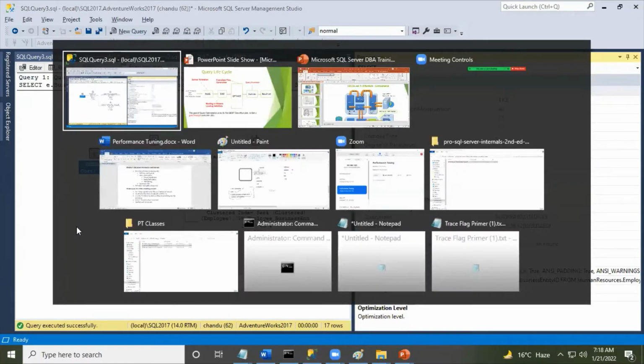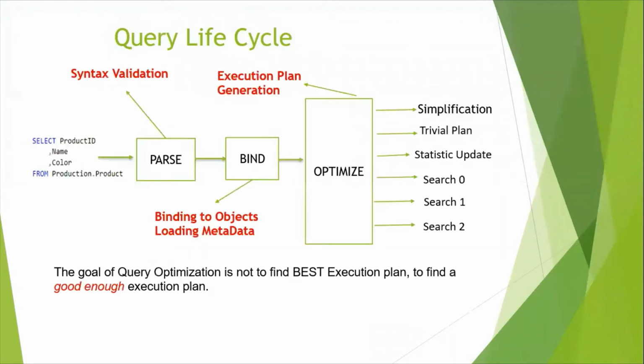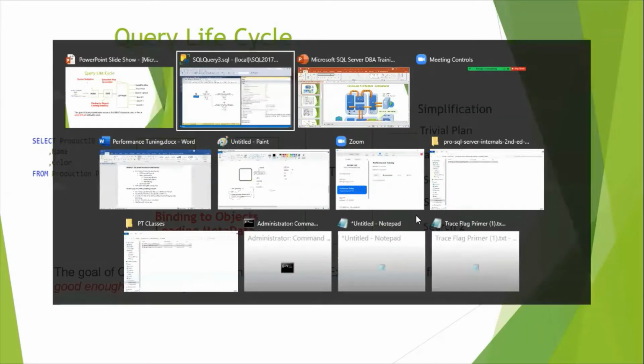When it goes for optimization levels, in this diagram if you remember, it will search phase 0, phase 1, phase 2, like that, and identify the plan. If there are any join conditions, constraints or triggers, it will go for further levels of searching to optimize the query.